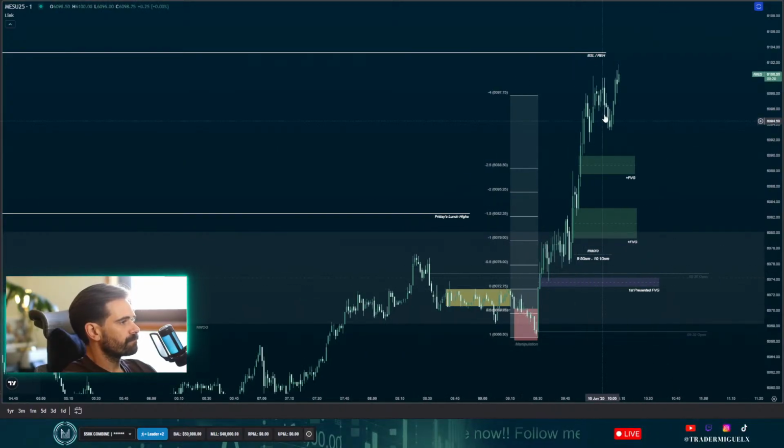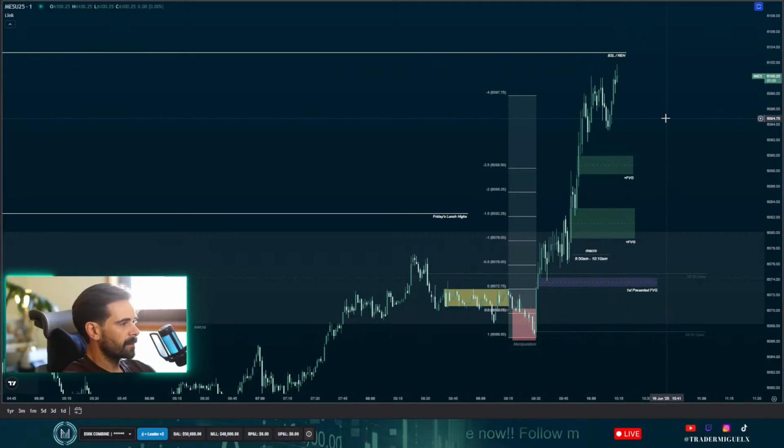Price just one-sided since the open. And at this point, I guess we will probably end the stream without taking any position because I don't believe that I will have any type of opportunity. I'm kind of curious to see how price will react as soon as we hit buy side liquidity here.